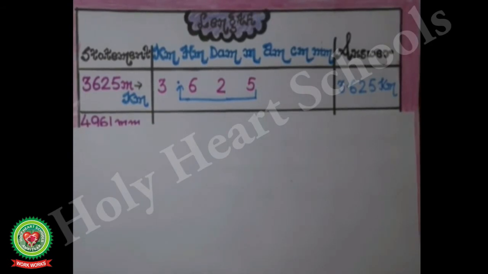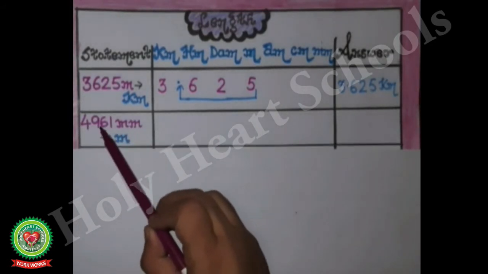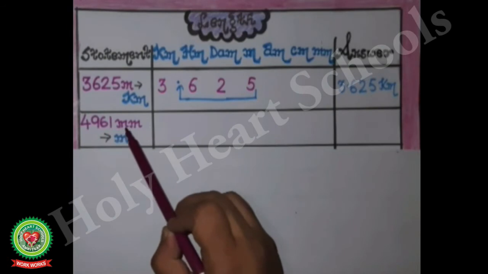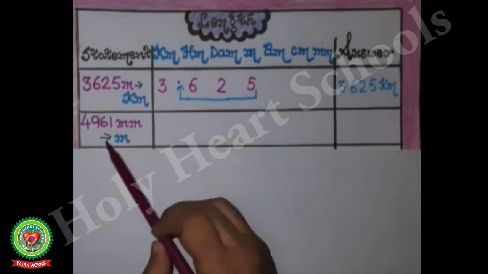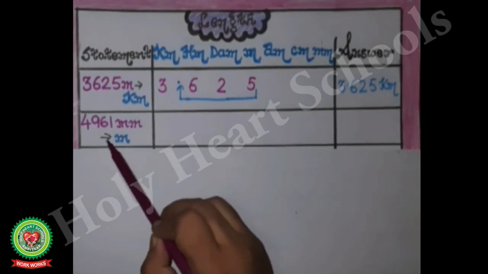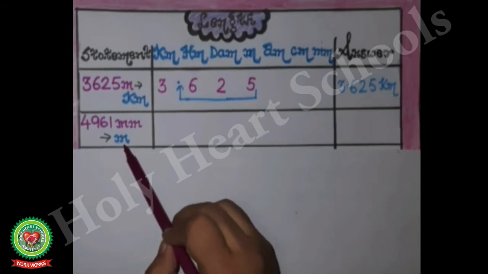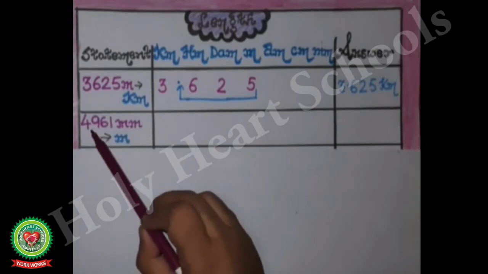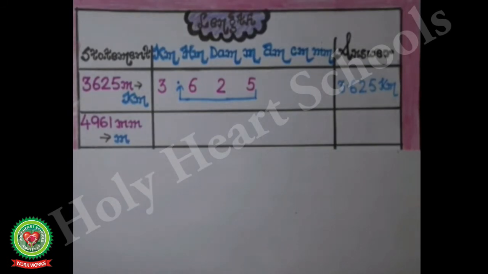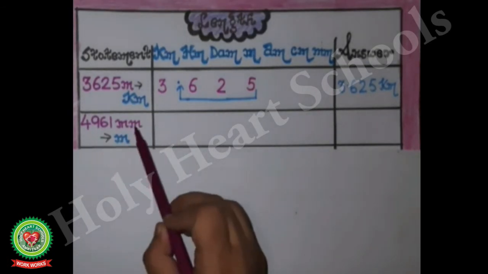Let's take one more example. 4961 millimeter. And we have to convert the statement into meters. Again, what is the first step? First of all, we will arrange this number. And now we will start arrangement from millimeters.